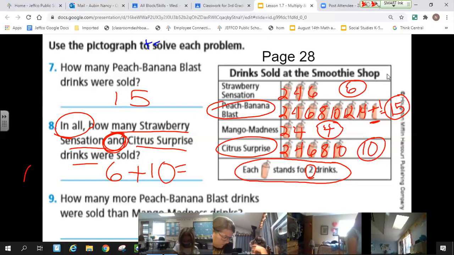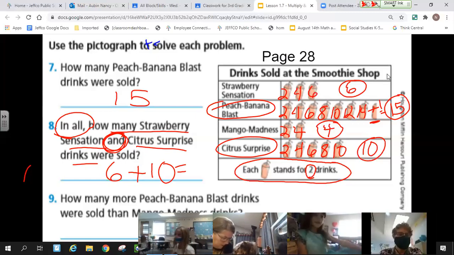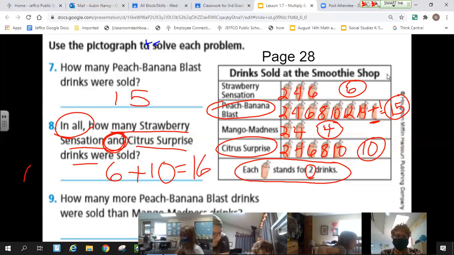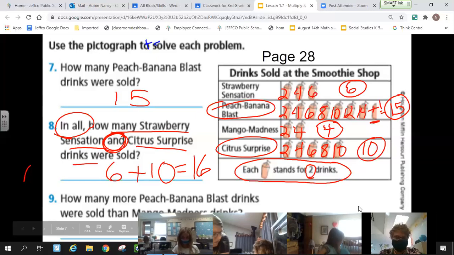We have those keywords from 2nd grade. Abby, can I see your work? Hey, you need to do it. Write your equations. Cooper, did you get your answer? What should it be? 16.